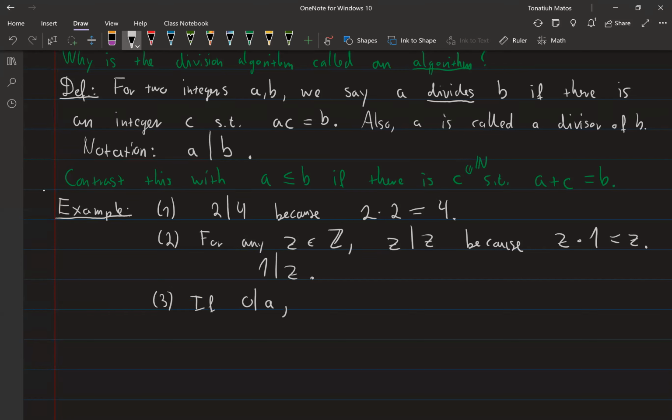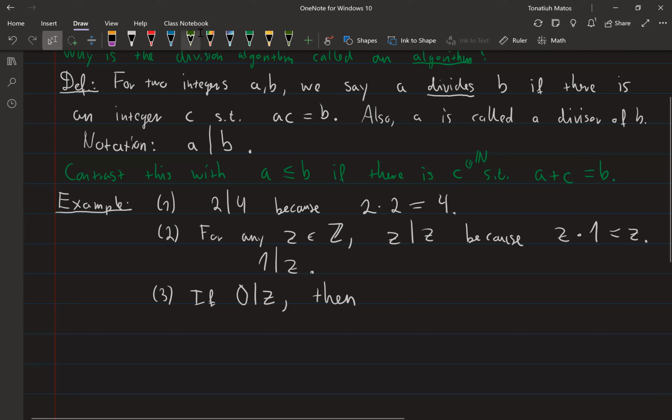Maybe I should use the same letter, z. What can you conclude about this? That is the first question. And by the way, I would like to point out that I will give you examples of showing that things divide other things, but showing that something does not divide something is slightly more complicated.